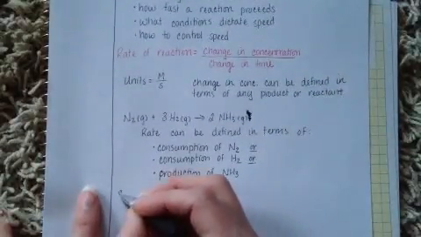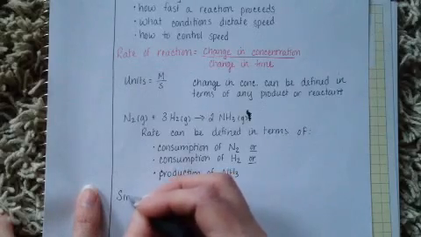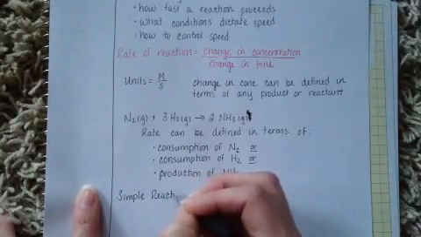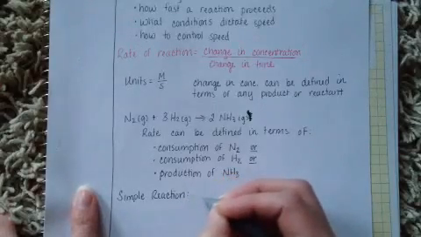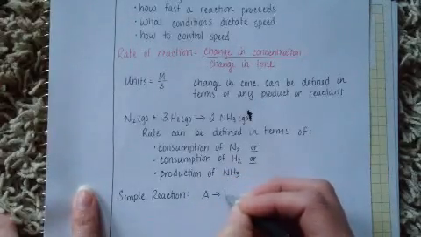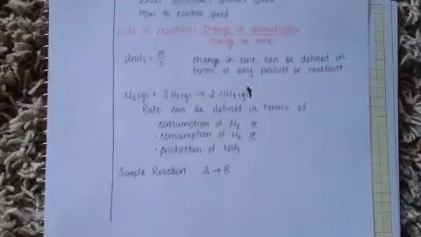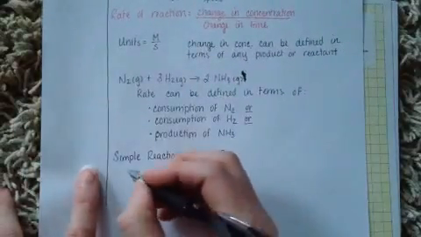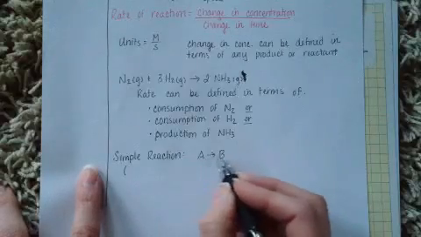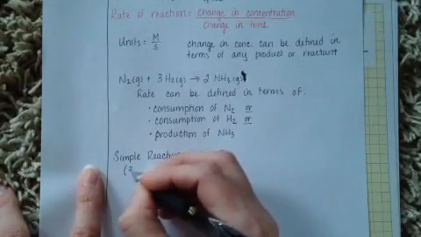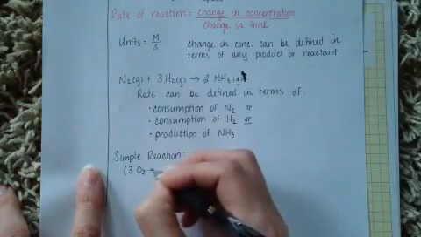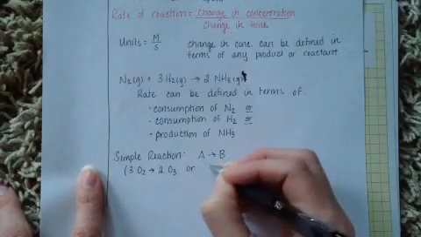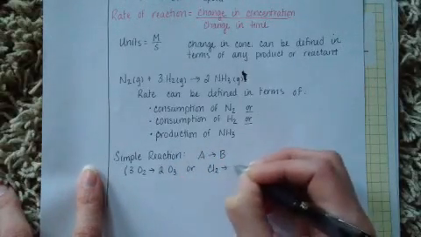So for our first real example, we're going to consider a really simple reaction. It's totally generic, not even real molecules. Molecule A turning into molecule B. So this one's really easy to consider because it's just one reactant and one product. Some examples of reactions that fit this A goes to B format would be something like the conversion of O2 to ozone, or the dissociation of Cl2.